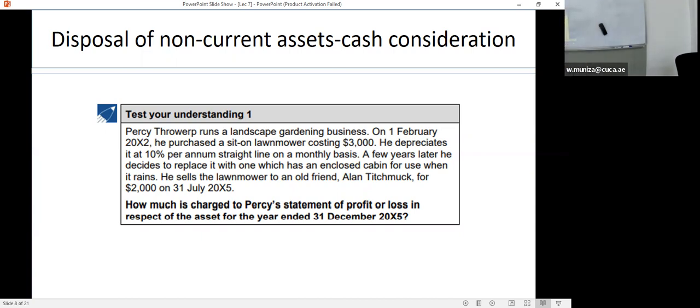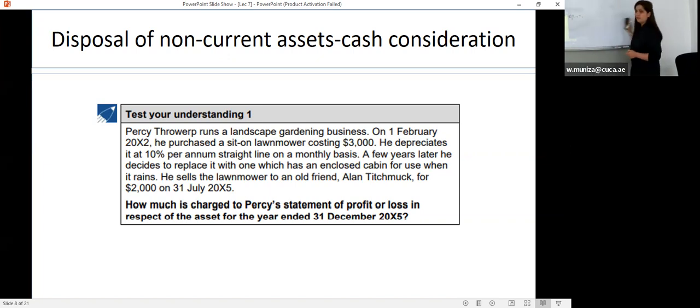Up till 31st July 2005 only. So January, February, March, April, May, June, July. For 7 months only it has been used. So this 3,000 multiplied by 10%, 300 depreciation is for 12 months. We are going to take only for how many months? 7 months. Is it, students?